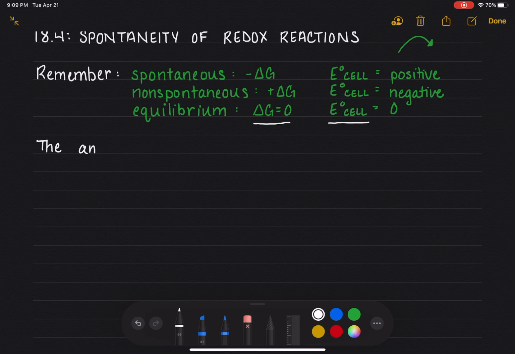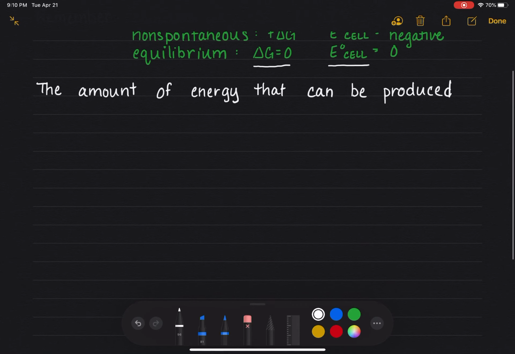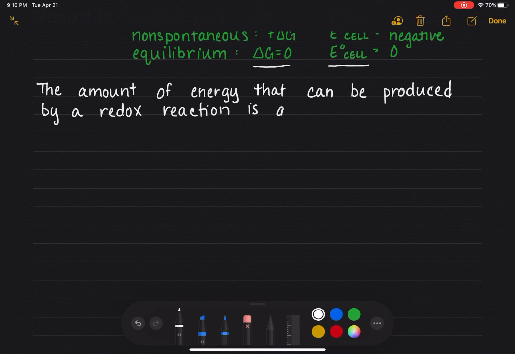The amount of energy, in terms of kilojoules or joules, that can be produced by a redox reaction can be calculated by this equation: delta G, so this is the amount of energy, and if we're dealing with standard conditions, we'll call it delta G standard, is equal to the, I'm going to write this in a weird order here, going from right to left.